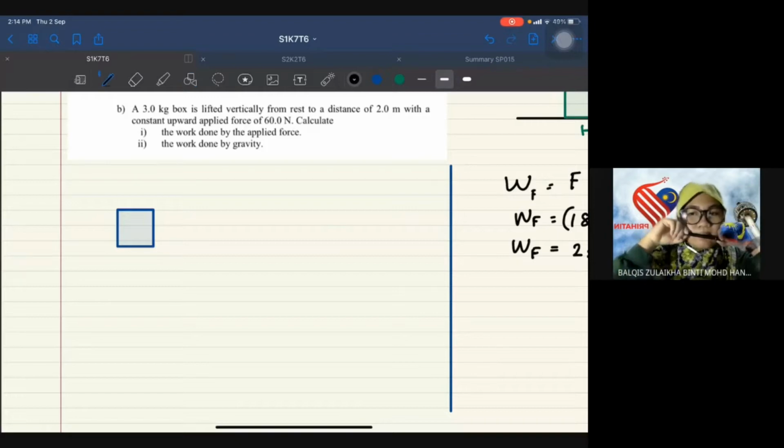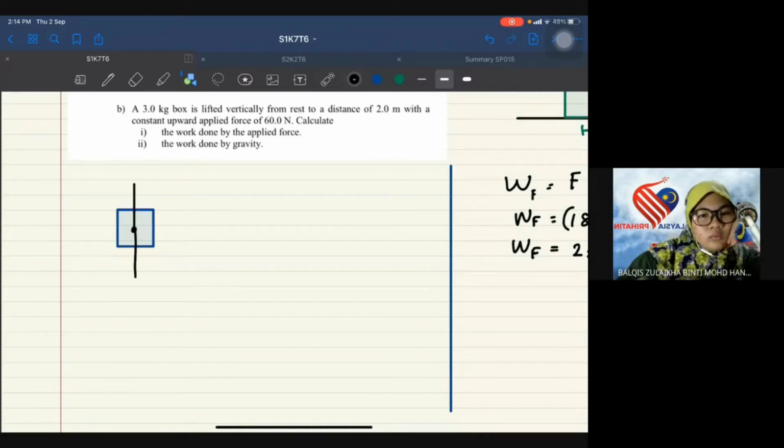If I draw the free body diagram, I'll have a force pulling it upwards and a force pulling it downwards. The force pulling it upward is your applied force, so put F. And this one is your weight.